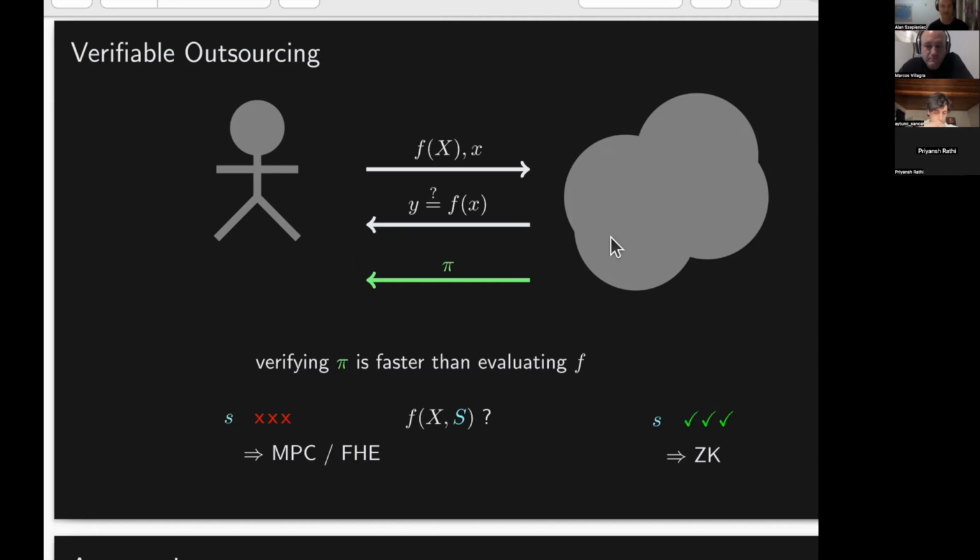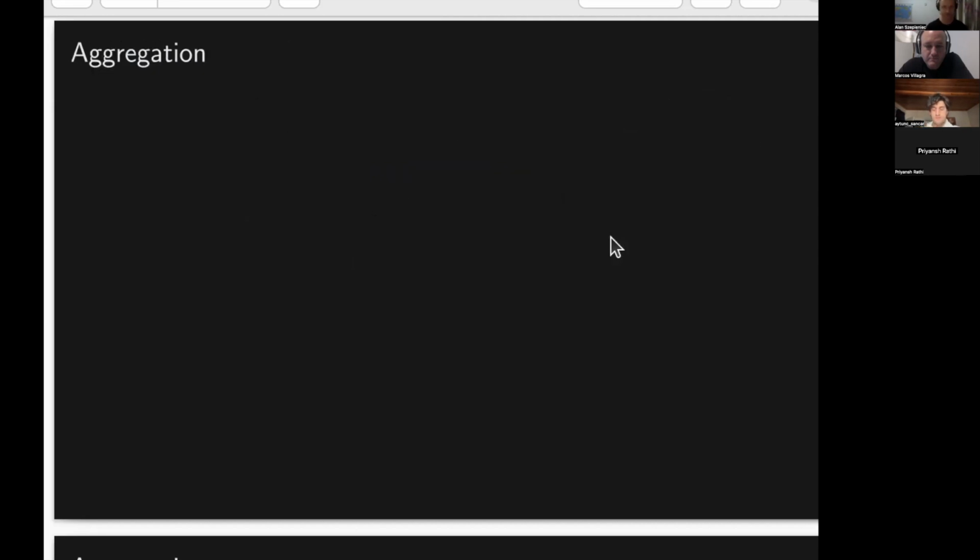All right, that's the generic application that applies everywhere. Let's see some specific instances of this. First off, aggregation. This is in a blockchain context where we have a list of historical states of the blockchain and one current state. And I really mean the set of current accounts or the set of current unspent transaction outputs.